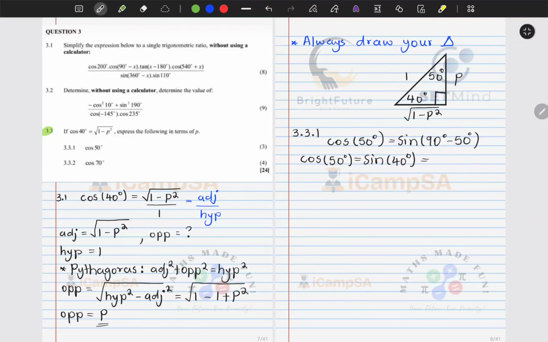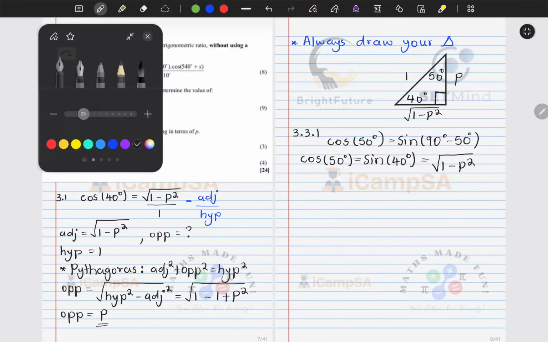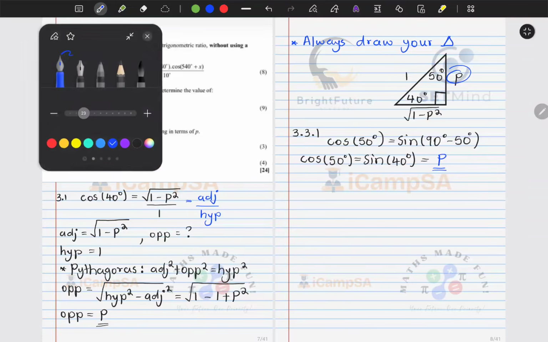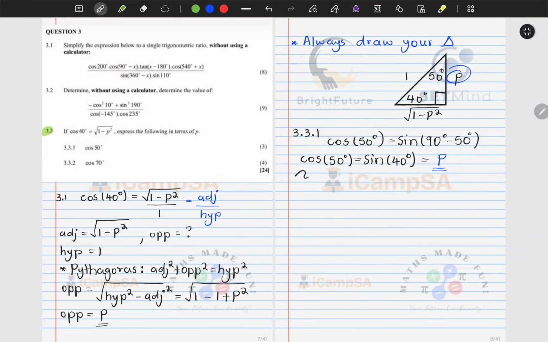But sine of 40 degrees, if you observe carefully, would just be p over 1, which will end up being p. Okay, done with that. You could have read it straight from the triangle.